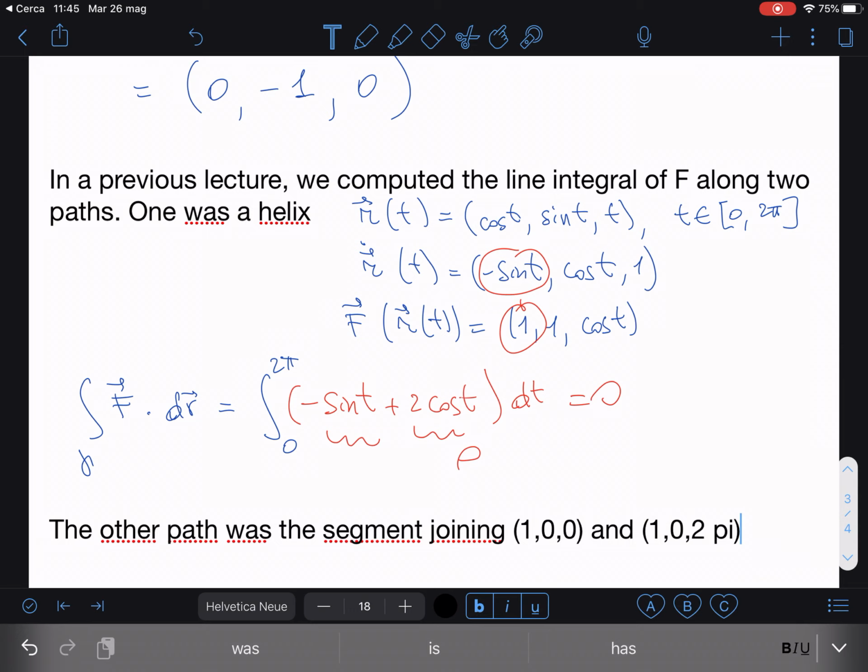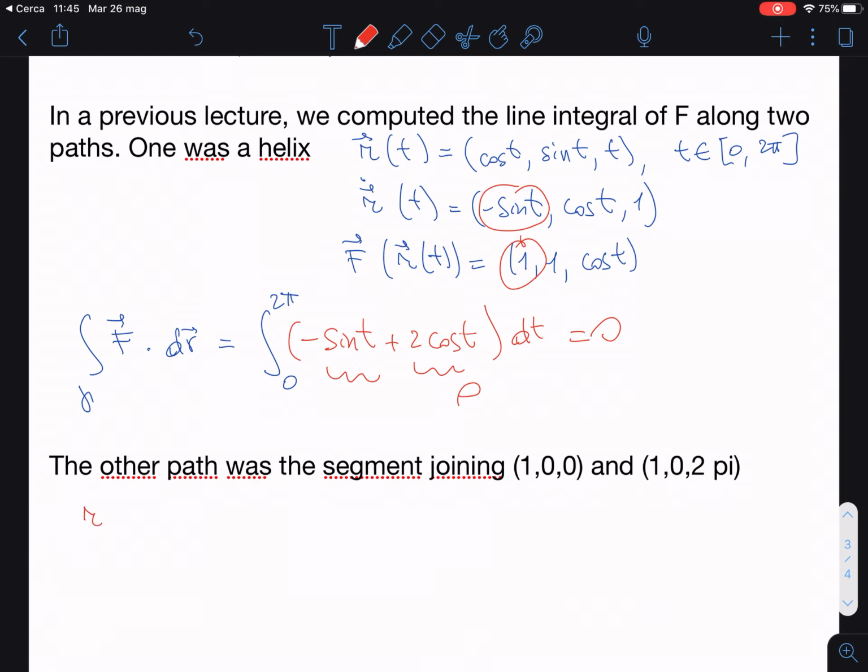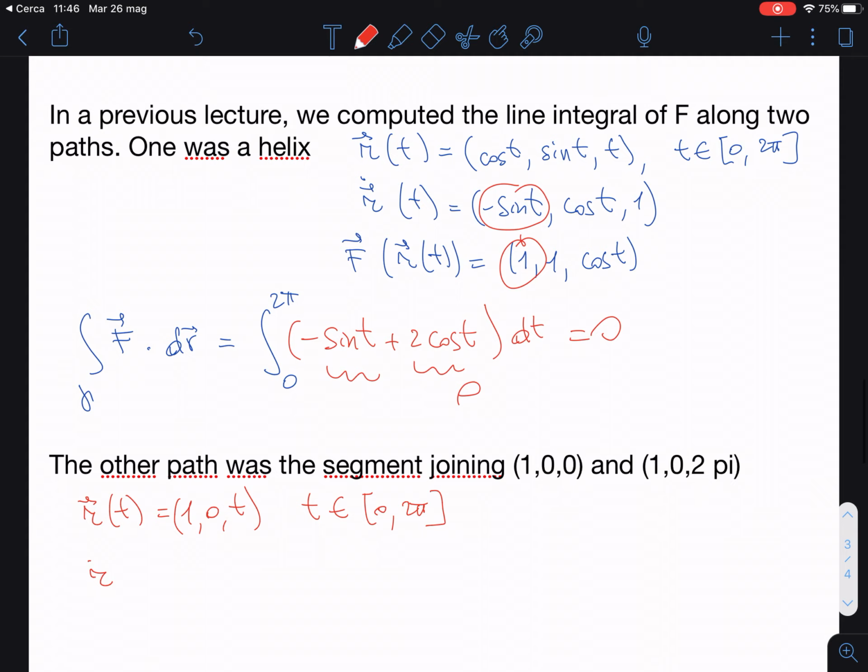This is pi. Okay? So r of t was (1, 0, t) with t in 0 to pi. R dot of t is equal to (0, 0, 1), again for t in 0 to pi.